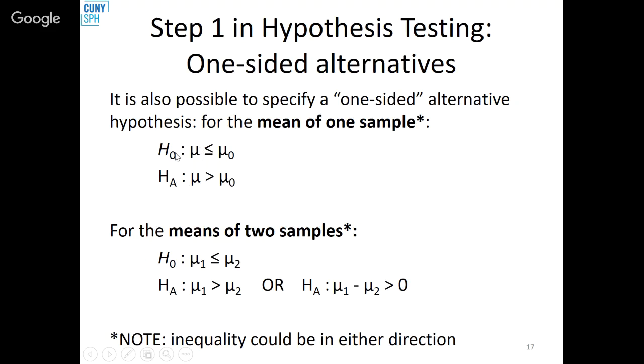So the null hypothesis always includes the equality. So mu might be equal to mu0 or less than. That equal to never goes with the alternative hypothesis, always with the null hypothesis. So the null hypothesis must include no difference. And in this one-sided scenario, it can also include an inequality, like less than.